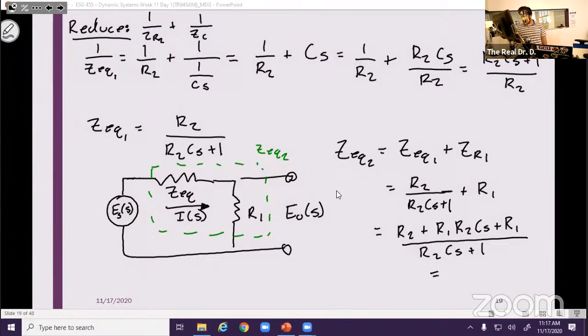And as written, this entire thing is equal to the input voltage divided by my current, because this is an impedance. Not exactly what we want, but it's close. It's got that ES part.